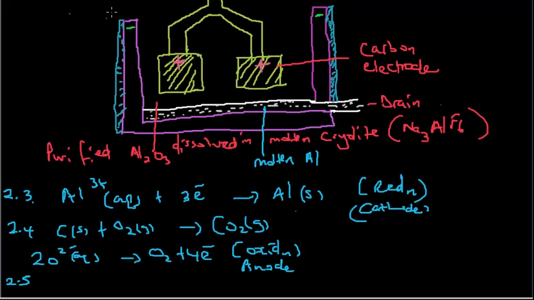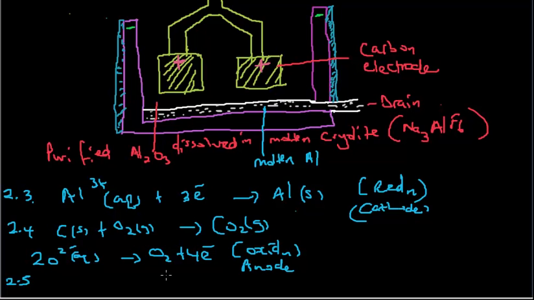So we also have the environmental impacts. Number 1, carbon dioxide from the burning of the anodes contributes to the greenhouse effect, air pollution or global warming. So the carbon dioxide which is being produced is going to cause a problem in our environment, right? Secondly, carbon monoxide is poisonous. It can also be produced in incomplete combustion.